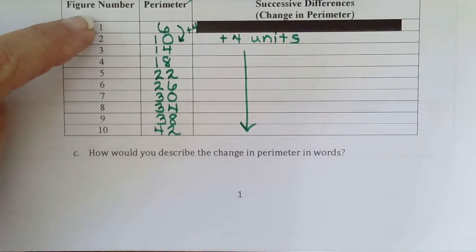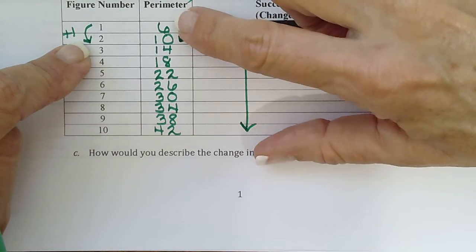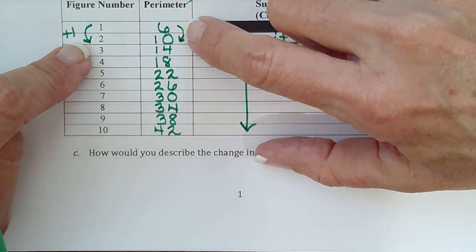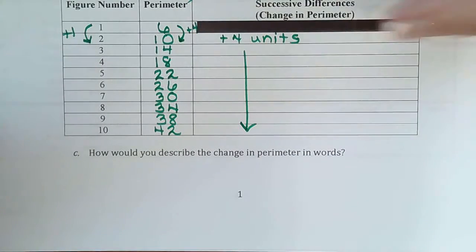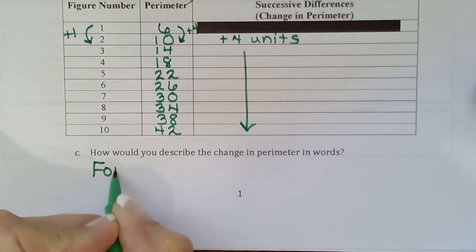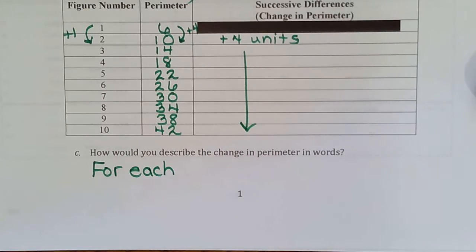So for each figure added in the sequence, the perimeter, and we always have to say increases or decreases when we're talking about slope. So we would say the perimeter increases by 4 units. So for each is another way of saying per. You could say $1 per dozen, or you could say $1 for each dozen. So sometimes this just sounds better.